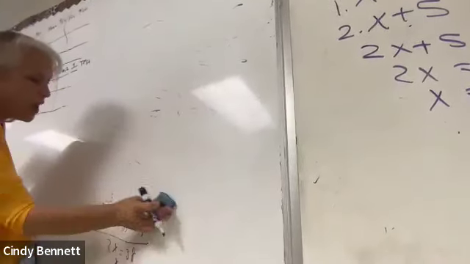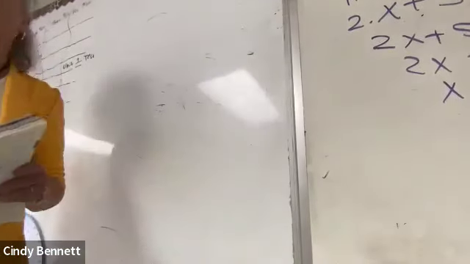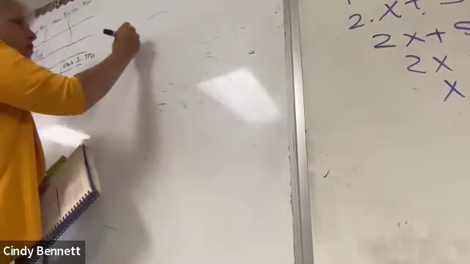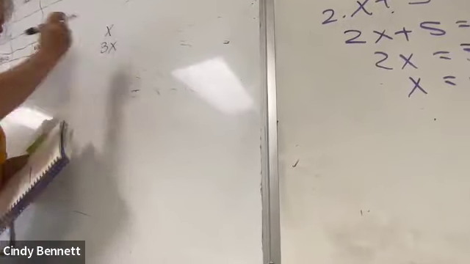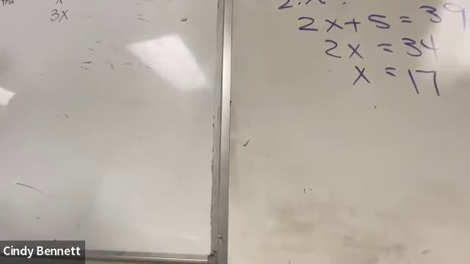Okay, so if I said the first number is x, what would be the next number if it's a multiple of 3? X times 3. Okay, so x, 3x, and then what else does it say? Sum of 4 consecutive multiples of 3 is 138.